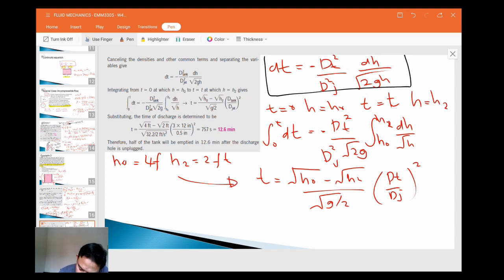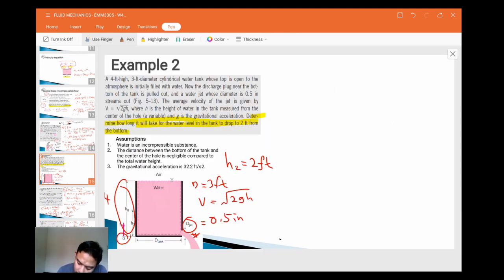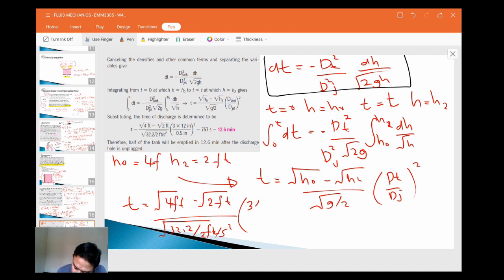You will get t is equal to square root of 4 feet minus square root of 2 feet, divided by square root of g, 32.2 divided by 2 feet per second, times d tank, previously 3 feet, but we need to change everything to inch, so times 12 inch, divided by 0.5 inch, squared.